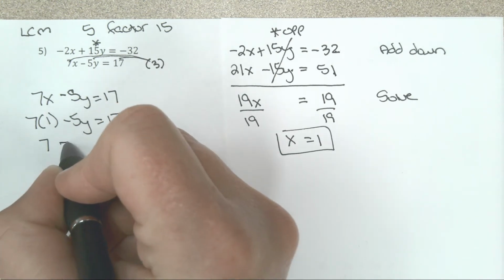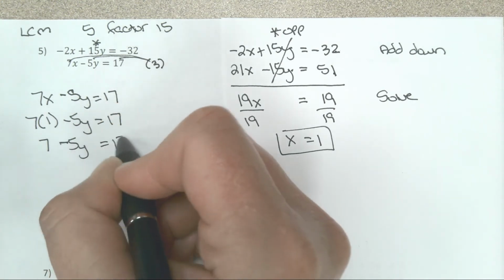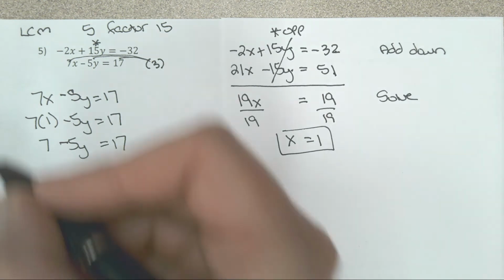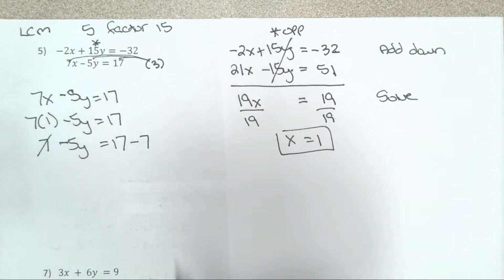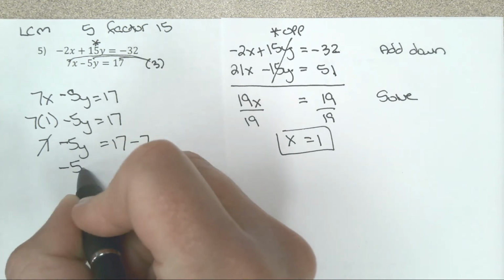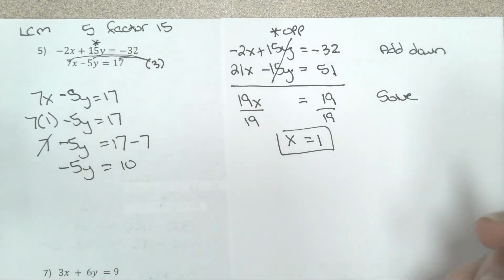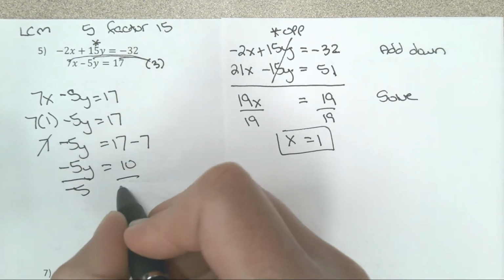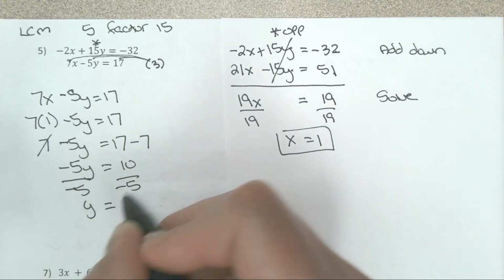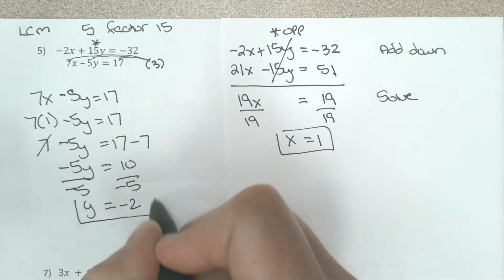Multiply and you get 7 minus 5y equals 17. Move your constants to the other side, in this case by subtracting it over. Negative 5y equals 10. Divide, and that is negative 2.